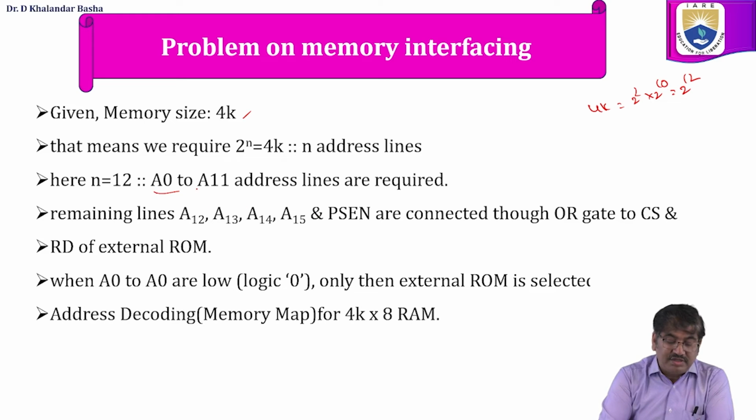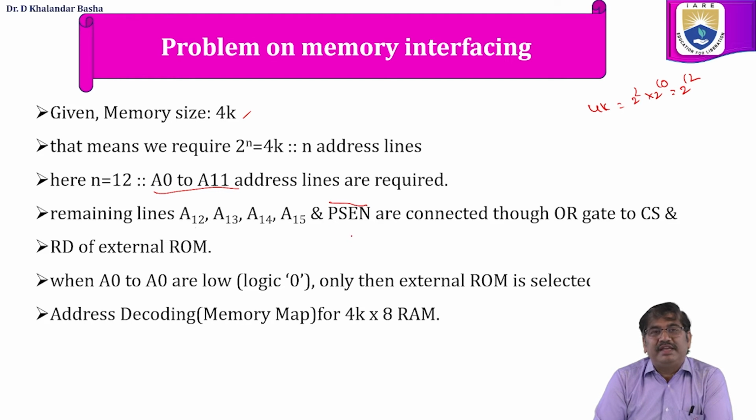The higher order lines A12, A13, A14, A15 are used for enabling the ROM. However, as we want to read the code from the ROM block, we have to enable the chip select with PSEN bar, which is the program store enable signal.